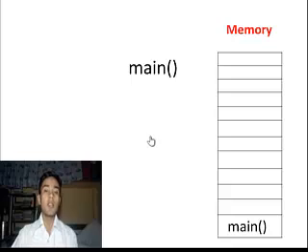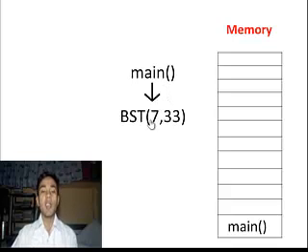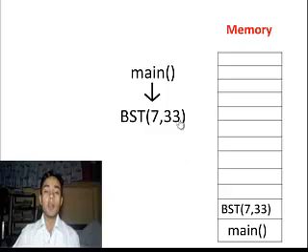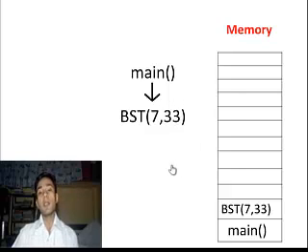This main method will further call BST(7, 33). I have used BST in place of BST search for simplicity. This BST(7, 33) will occupy the memory of the computer. Roll back a bit.